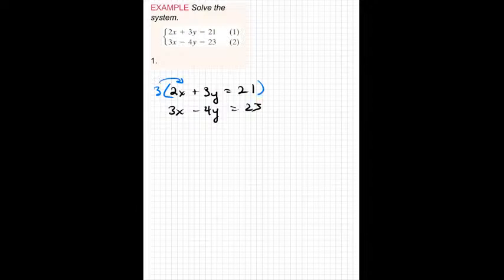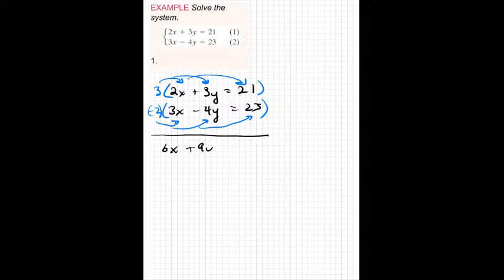And I'm going to multiply the bottom one by negative 2 and distribute the negative 2. Then on top we get 6x plus 9y equals 63. On bottom we get negative 6x plus 8y equals negative 46.